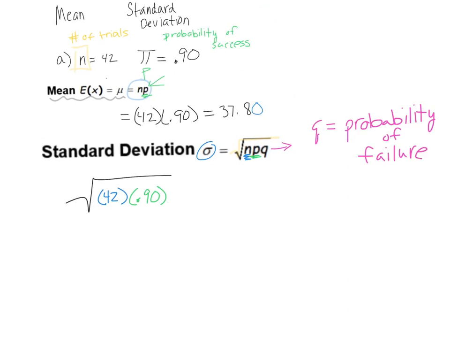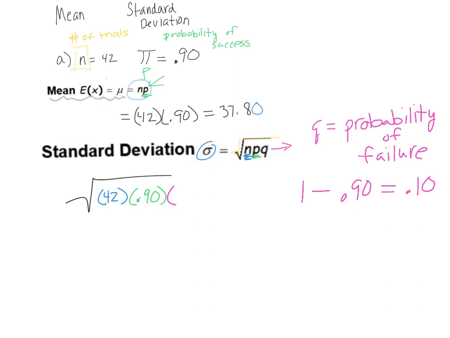So p is the probability that you're going to be successful, and q is the probability of failure. In this case, because the probability of success is 0.90, we do 1 minus 0.90, so the probability of failure is going to be 0.10.